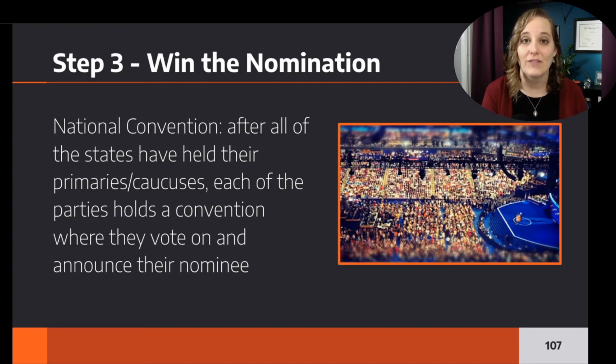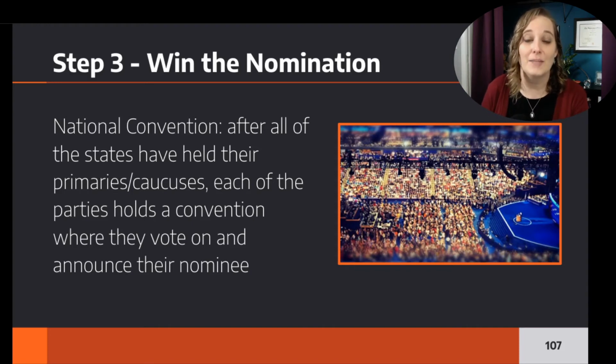At that national convention, you will see speeches from lots of members of the party, former presidents, former office holders, and then typically you will have a huge celebration at the end once the nominee has been announced and chosen.